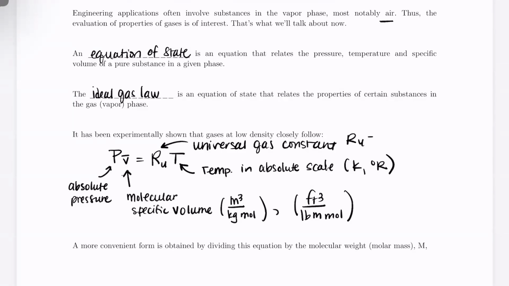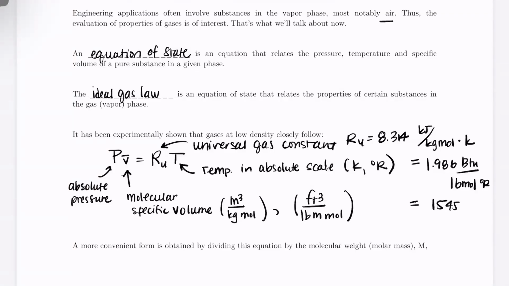So this is equal to 8.314 kilojoules per kilogram mole Kelvin, or in English units, 1.986 BTU per pound mole degree R, which is also equal to 1,545 feet times pounds of force over pound moles degrees R.